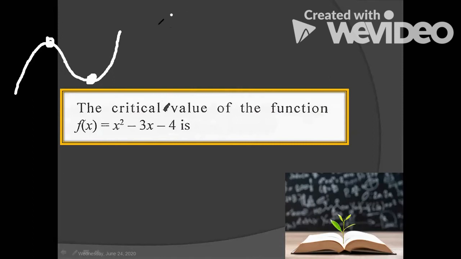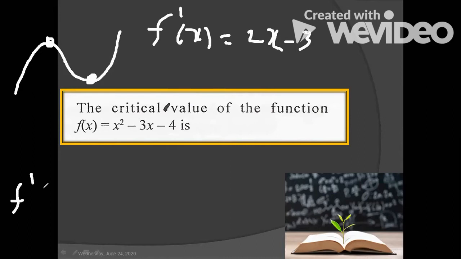So f prime of x is equal to 2x minus 3. The key point here is that at the critical point, f prime x is equal to 0.